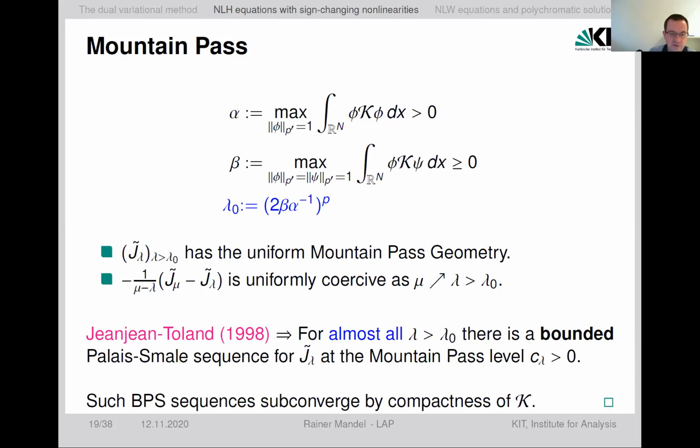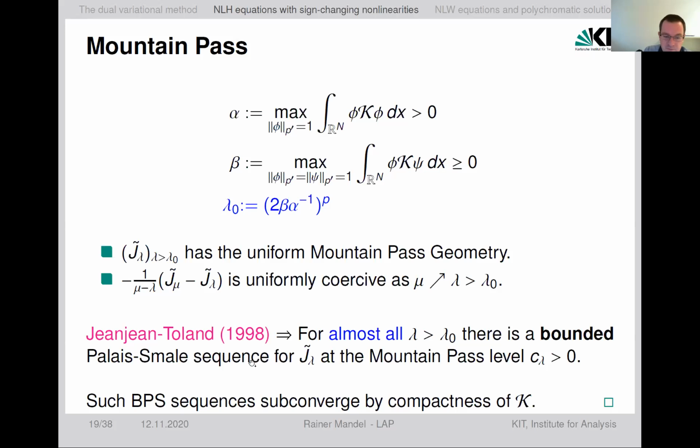So the idea was to take this result by Jeanjean and Toland, where the monotonicity trick is presented, and they provide a good criterion that ensures the existence of bounded Palais-Smale sequences for almost all lambda. So here, not for all. And this seems to be crucial, at least because we want to use this result.